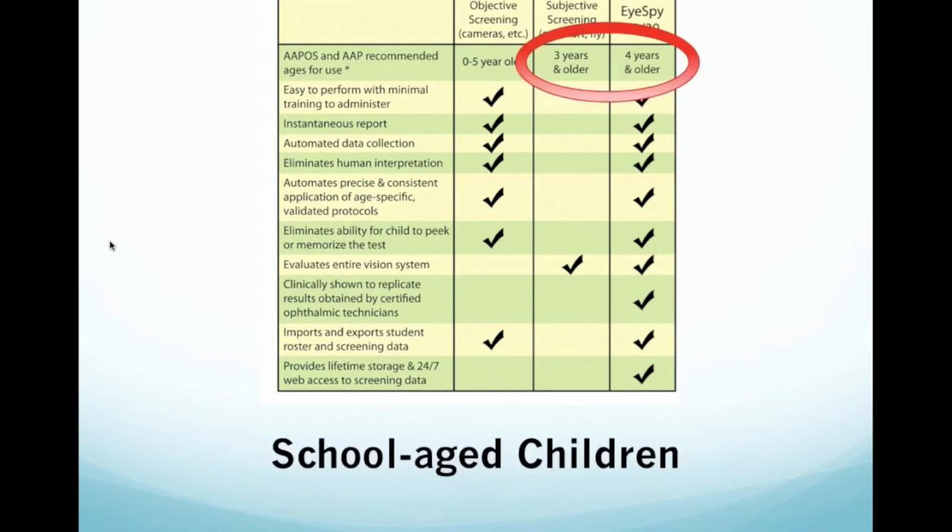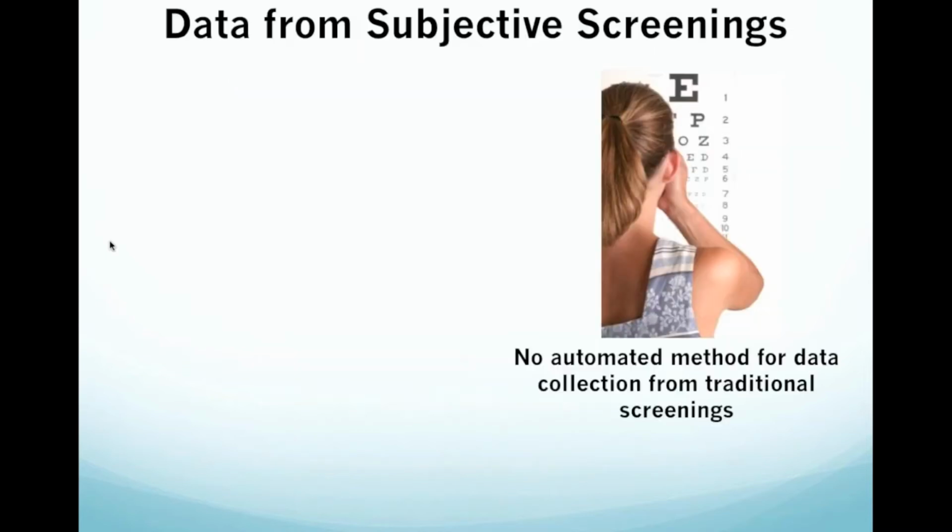But when it comes to school-age children, obviously AAPOS and the AAP have recommended that you engage children in the subjective screening, as you guys know. So the problem with the traditional vision screening, obviously, is all of the issues around memorization and peeking, and also the high degree of human subjectivity that's involved.